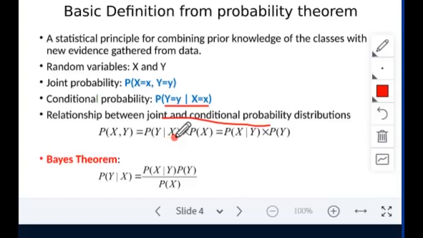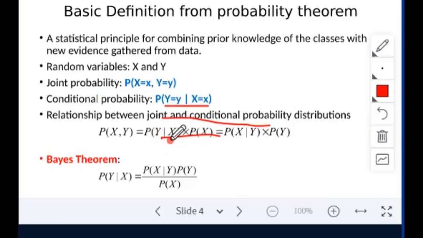In simple words we can say the probability of y given x. So the relationship is given like this.